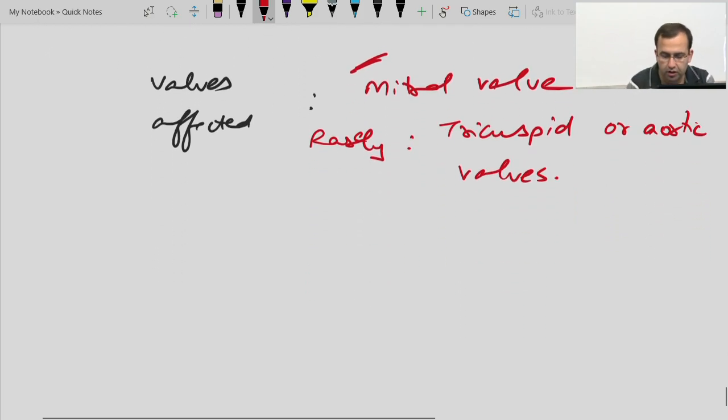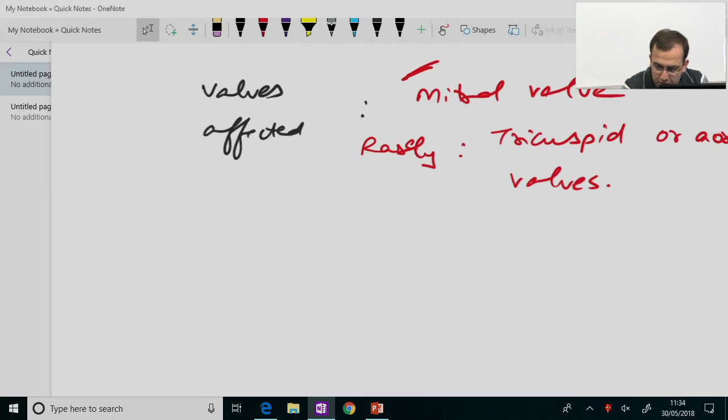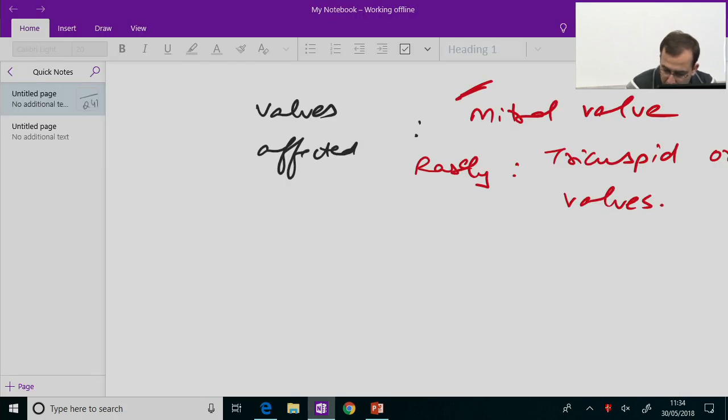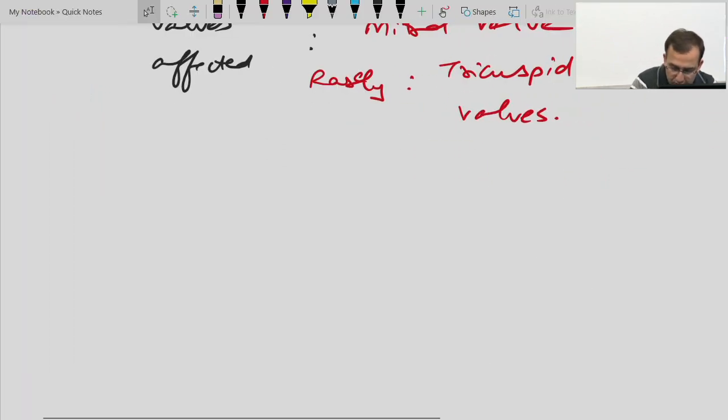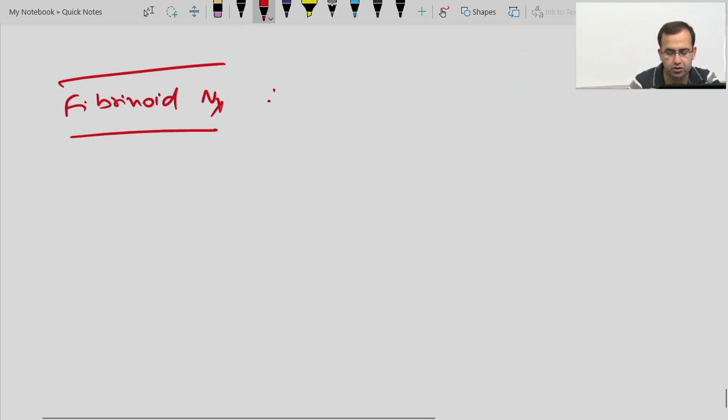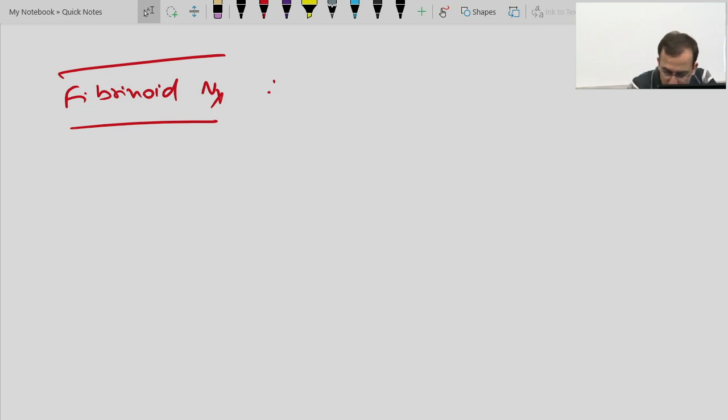Another point that was mentioned in the question was fibrinoid necrosis. Extremely important. The diseases associated with fibrinoid necrosis are malignant hypertension, malignant hypertension affecting the kidney, malignant nephrosclerosis.